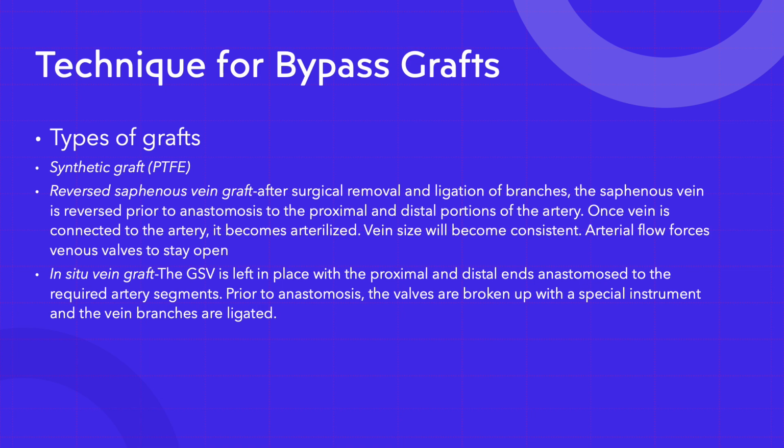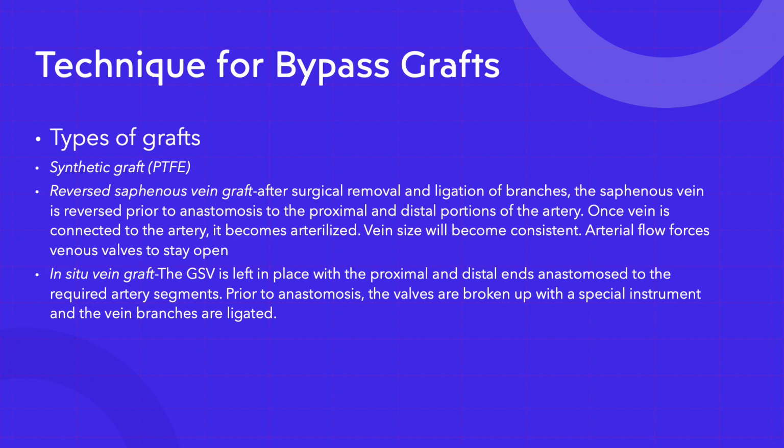So if the physician is unsuccessful in treating this blockage with a minimally invasive technique, you'll get the bypass. What it will do is they'll plug into the artery before the stenosis, run a hose or a vein around the stenosis, and plug in distal to the stenosis. So there are two types. You can have a synthetic graft, a PTFE. That is a foreign material that they will hook in to bypass the stenosis.